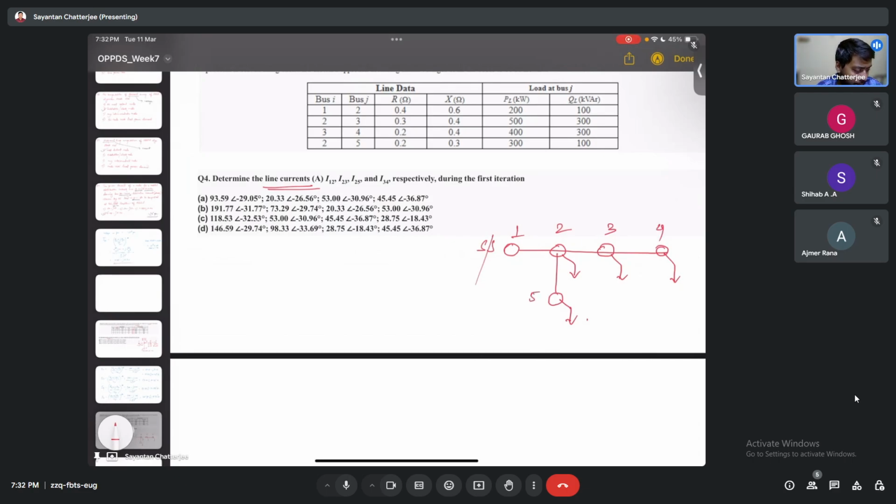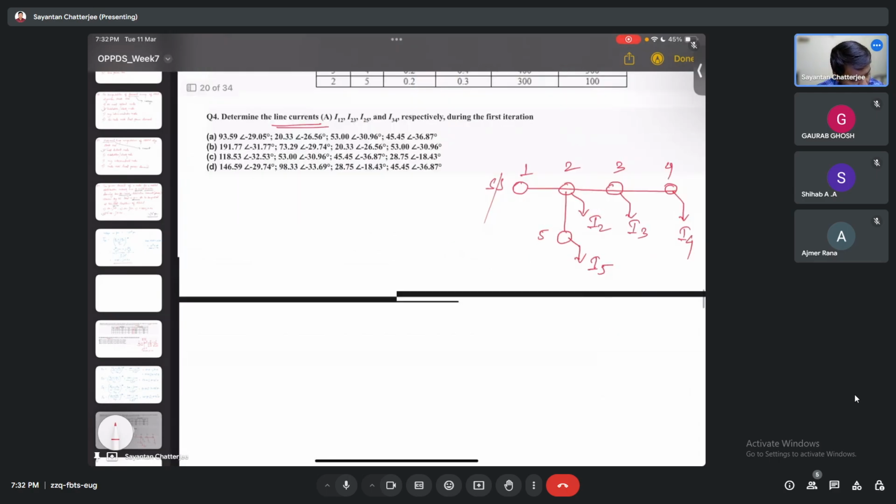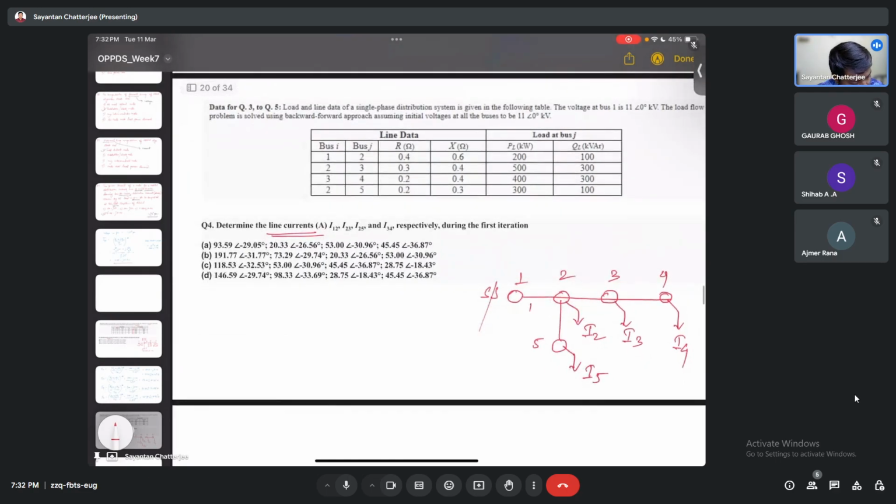So already we have these currents I5, I4, I3, I2. But here we need to find I12, I23, I34, and I25.